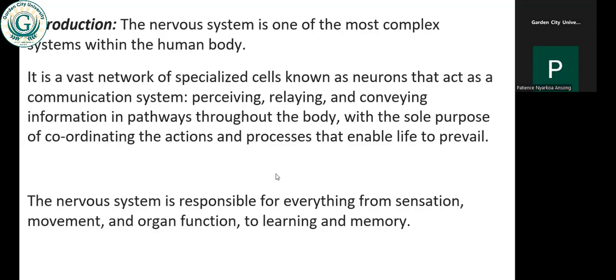And we have the brain as the main organ of the nervous system that helps with coordination of actions and also processes life activities. So the nervous system is responsible for everything from sensation, movement, and all organ functions to learning and keeping memory as well.